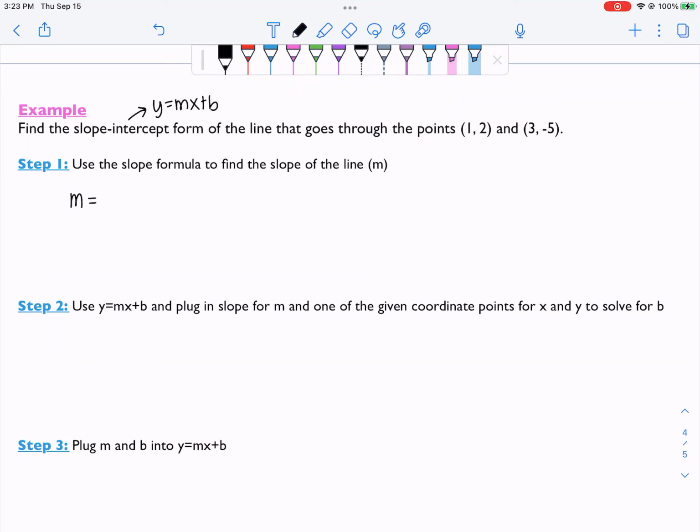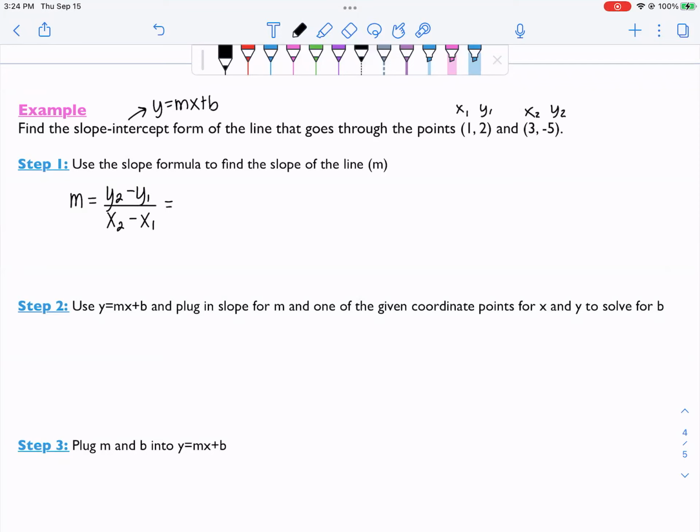that's our rise and run. Rise over run, y2 minus y1 over x2 minus x1. It doesn't matter who you choose to be what. I'm going to say this one's x1, y1, x2, y2.